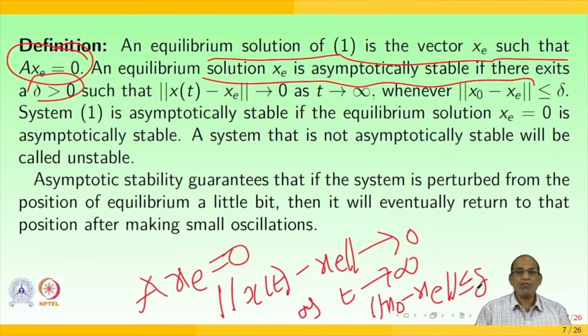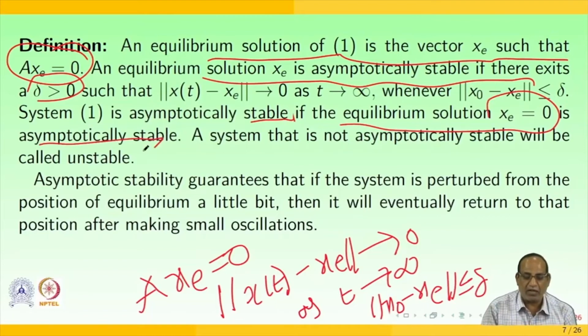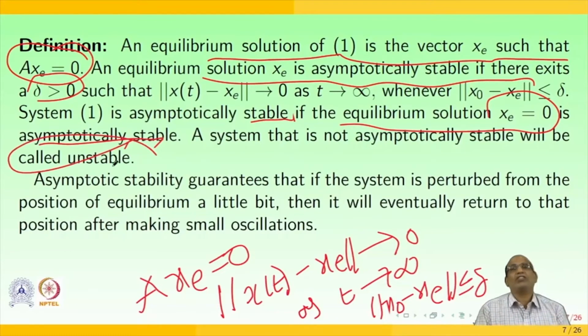System 1 is asymptotically stable if the equilibrium solution x_e equal to 0 is asymptotically stable. A system that is not asymptotically stable is called an unstable system. For an unstable system, we are not going to have an approximate solution to the best extent.